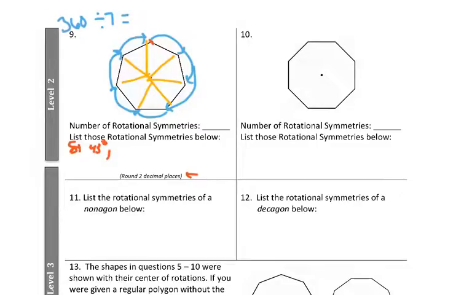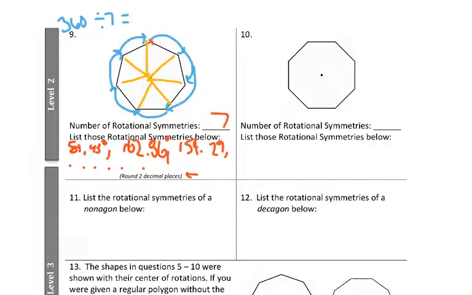So 51.43 plus 51.43 is 102.86. Or we could do 51.43 times 3 to get 154.29, and so on. You should continue this, adding 51.43, or you could do 51.43 times 1, and then times 2, and then times 3, and then times 4.